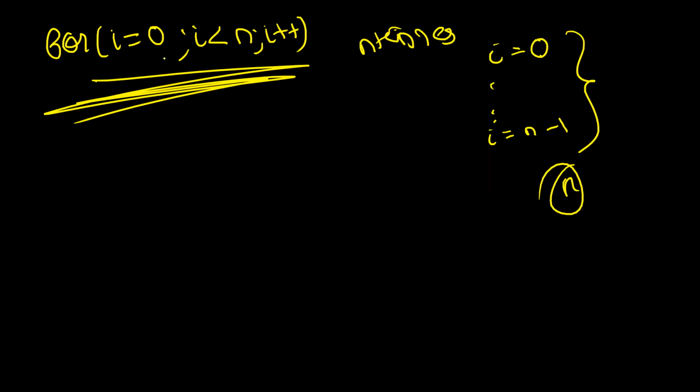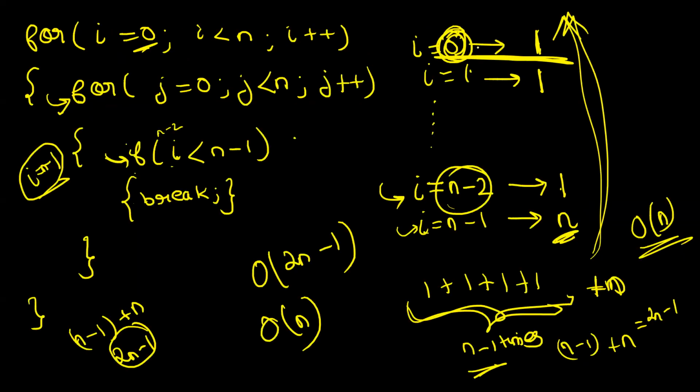So the outer loop runs n times. How 2n minus 1? No, you are getting confused. From 0 till n minus 2, this condition will be satisfied, guys. For i equal to 0 till n minus 2, this inner if block will be satisfied and you will simply break. So it will run only once. And for i equal to n minus 1, you do this. Okay? Cool.